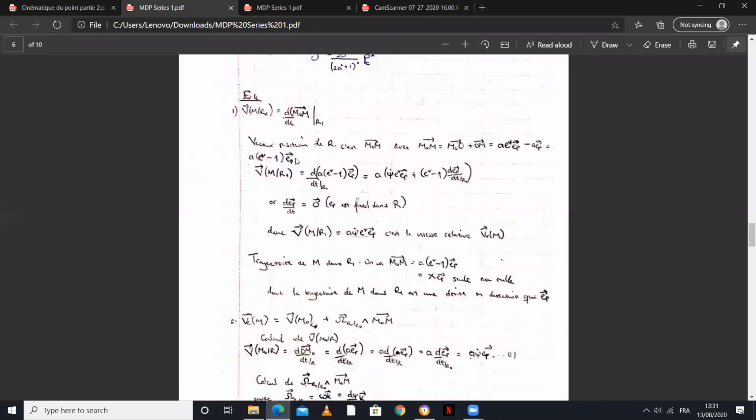So, vitesse de M dans R1 égale la dérivée de M0M, which is what's been written here, A E phi moins A suivant euro dt dans R1. Okay, dans R1. So when you differentiate this, we'll use the product rule because we have E à la puissance phi moins A, and we also have euro.